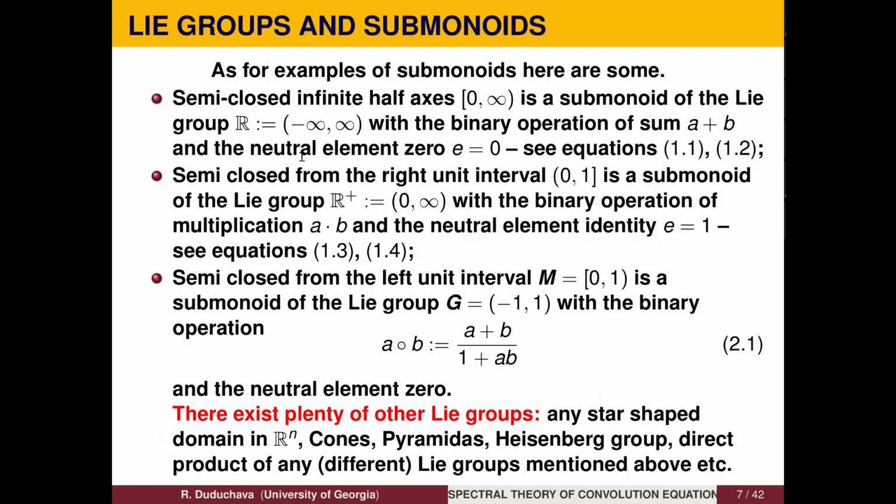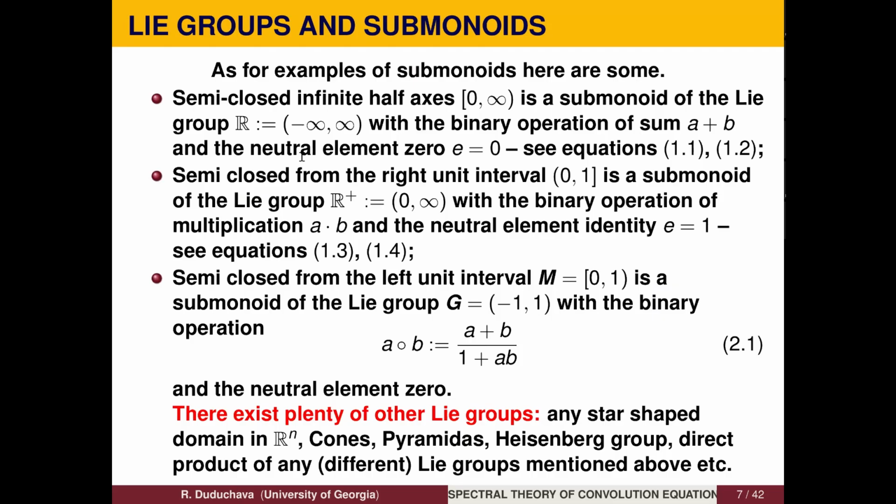Okay, examples. The semi-closed infinite half axis, zero to infinity, closed at zero. It's a submonoid of the real axis. And here the binary operation is again the sum, and the neutral element, or identity, however you want to call it, is zero again.